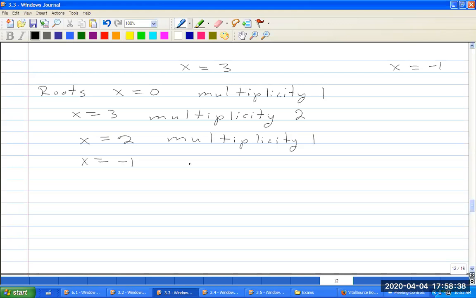This has multiplicity 3. Okay, so those are the multiplicities. Good.